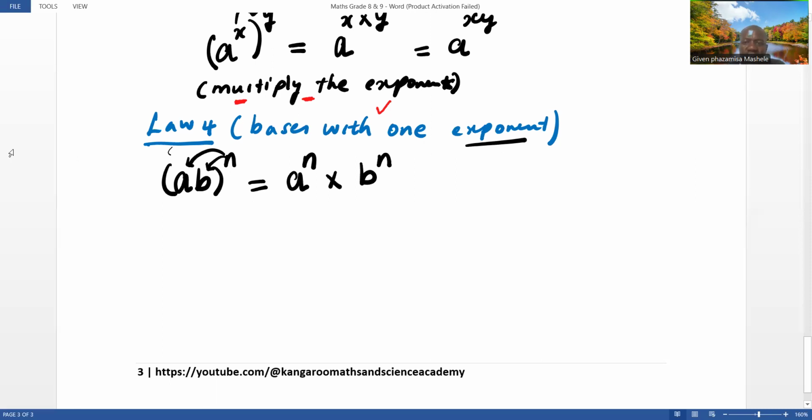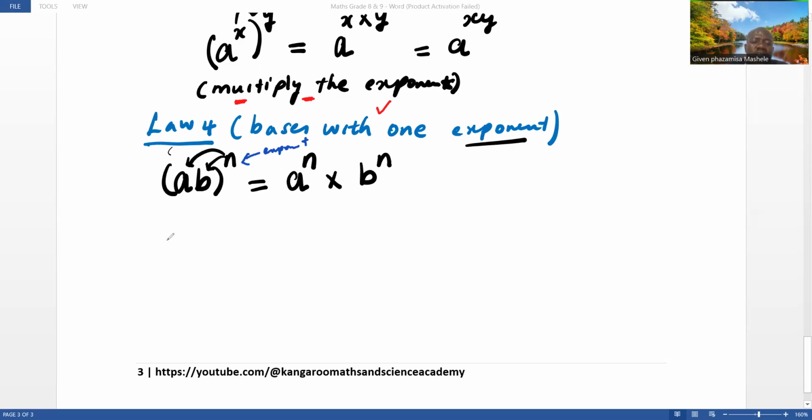I apologize. Right, I was talking about the case where we have multiple bases, but the exponent is the same. So you can just put an exponent on each base. So (a times b) to the power of n. The n is the exponent. If n is an exponent, you can just put that exponent on each base.